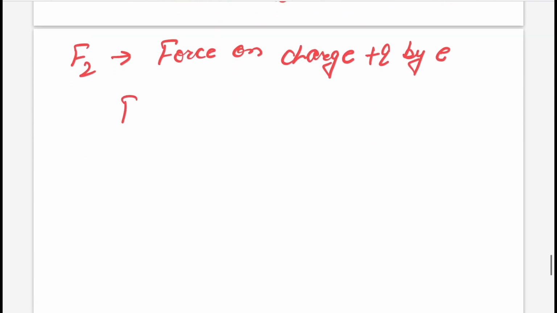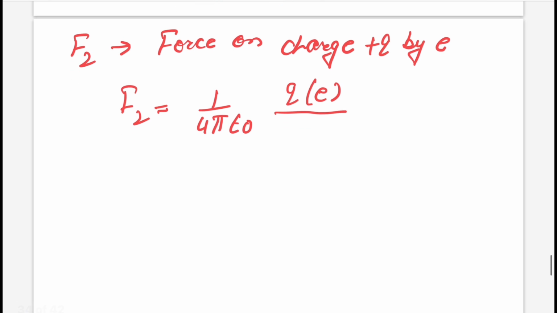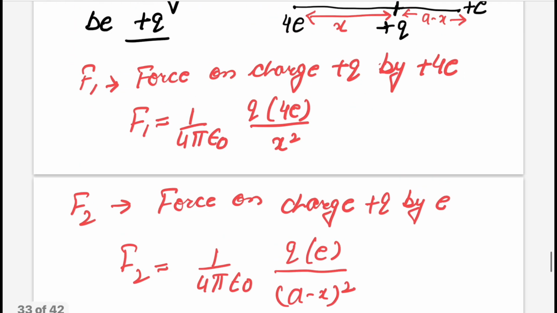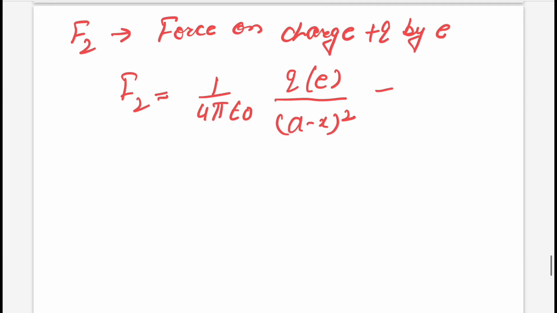Then F2 will be equal to what? 1 upon 4 pi epsilon naught, product of charges q1 q2. One charge is q, another is e, divided by the distance. The distance is a minus x, so we take (a minus x) whole squared. So we write this as equation 1 and this as equation 2, right?